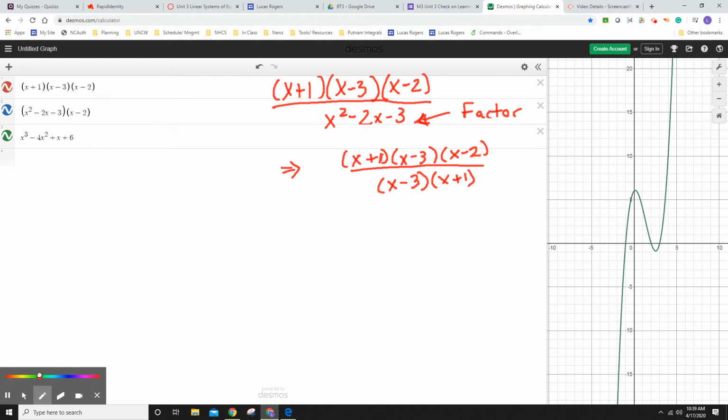And what you would want to notice there is that you don't need to do long division with this, especially when you already know the factored form of what you're dividing into. You just cancel out things that match. Those two match. These two match. So your answer when you're done would just be this x minus 2 factor. All right, but that's beside the point.